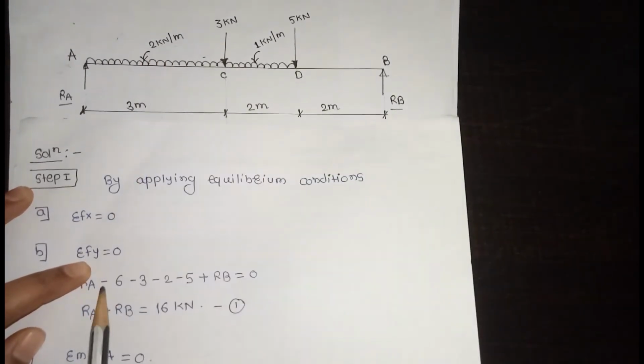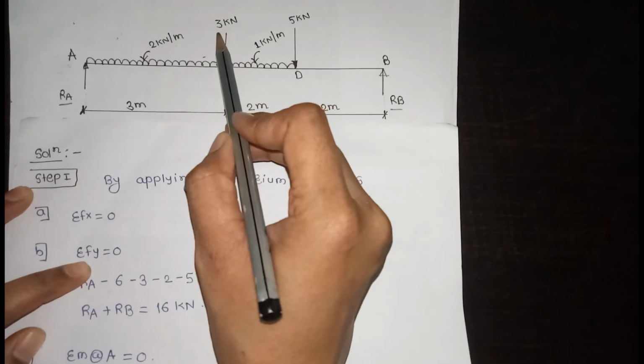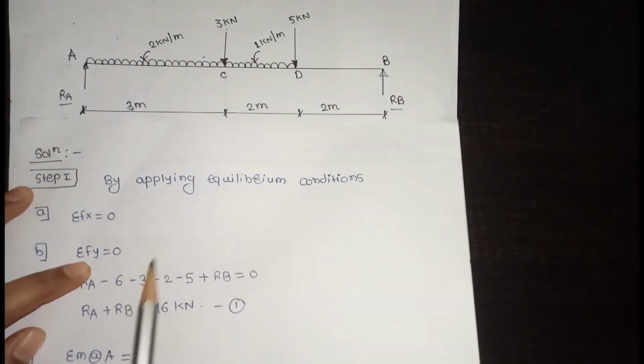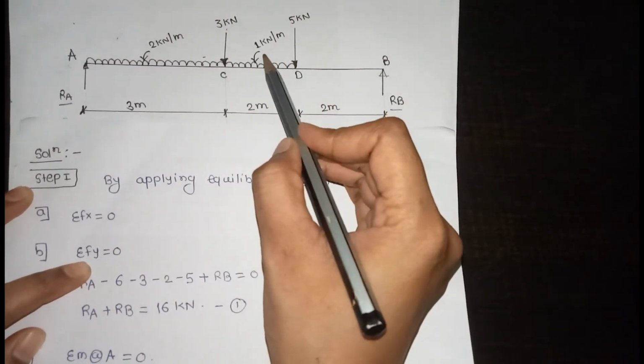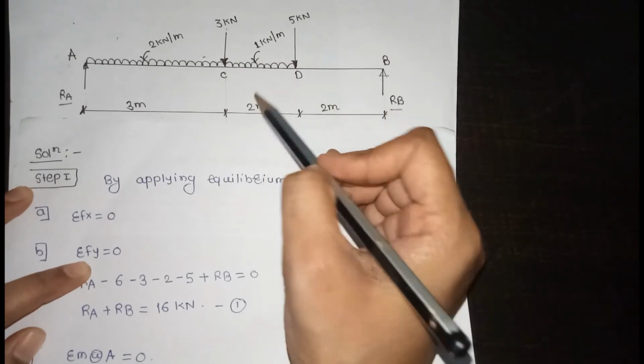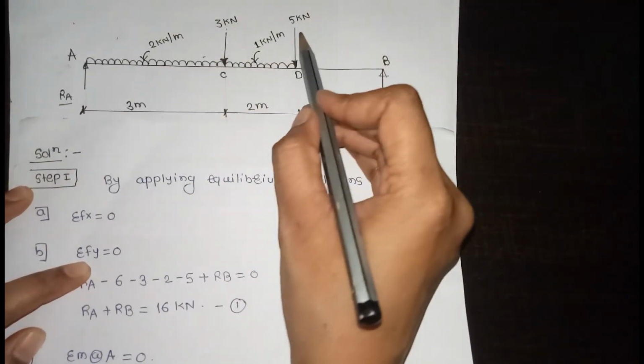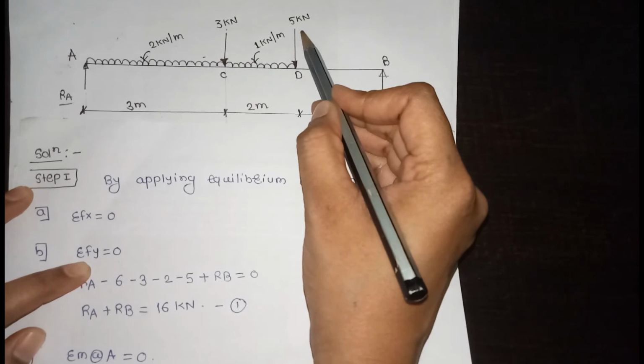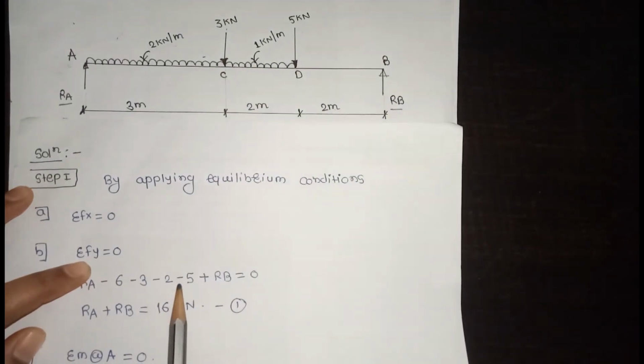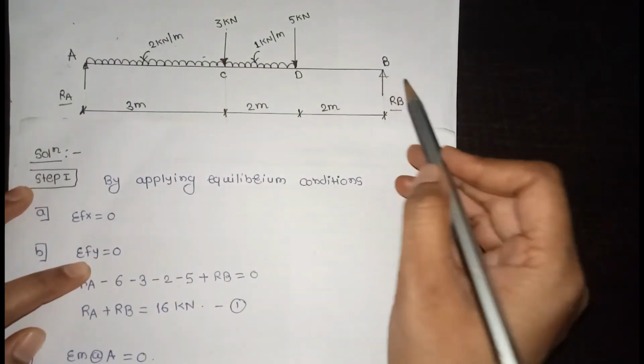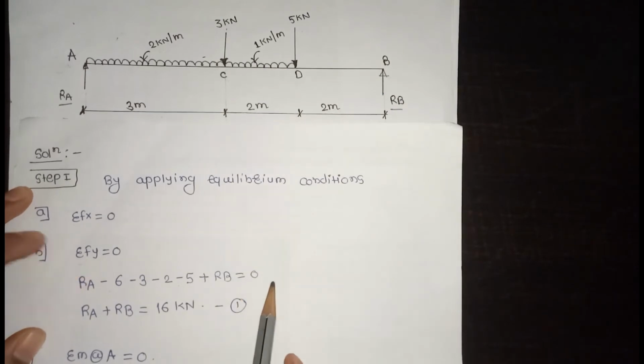This is downward, so minus 6. Then again downward force, minus 3. Then the other UDL force, 1 into 2, minus 2, this is downward. Then again downward force 5 kN, minus 5, and the upward force plus RB is equal to 0.